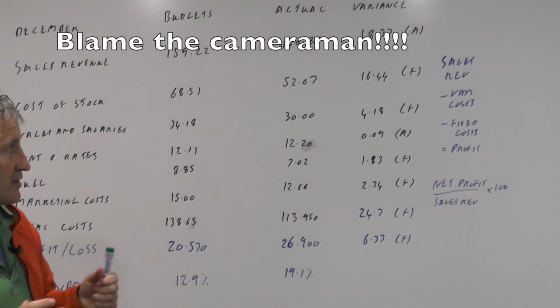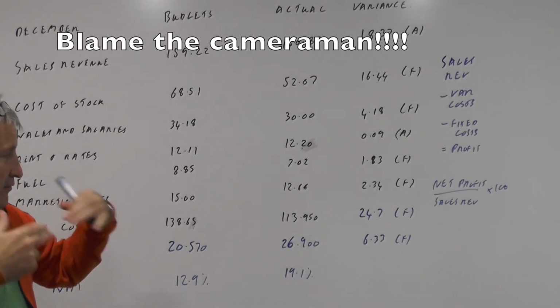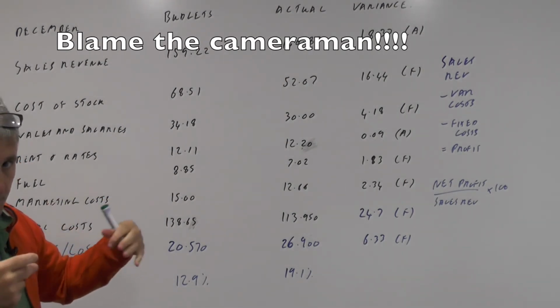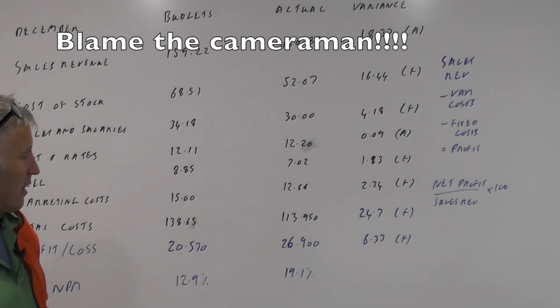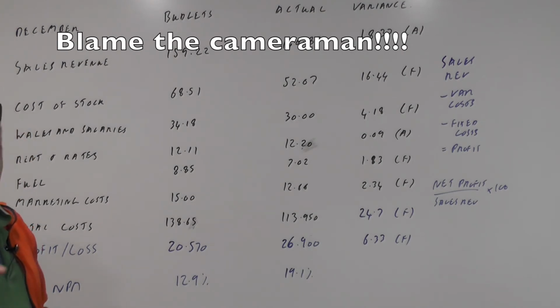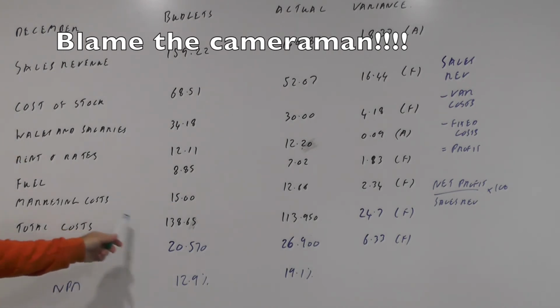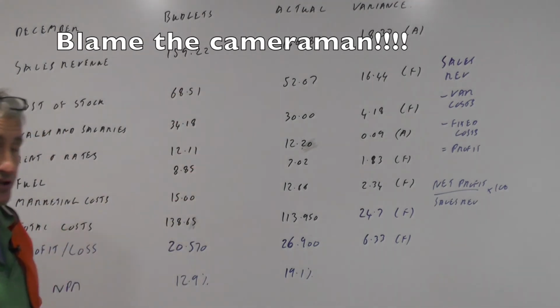Now really from that, we can say that whoever is running this business is doing a pretty good job. The only slight concern is, however, if we're being really detailed about it, they're spending less on marketing. Well, if you spend less on marketing, maybe that's a reason why their sales are not as high, and maybe that's a false economy.